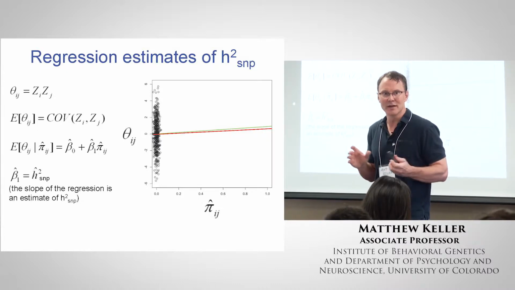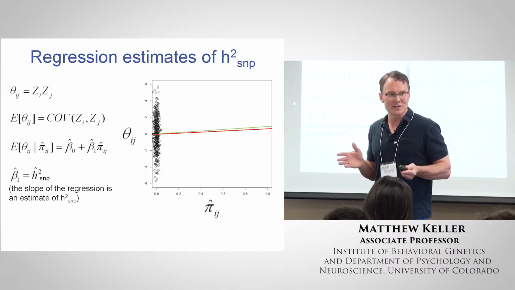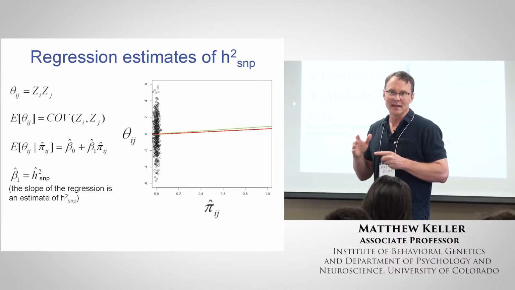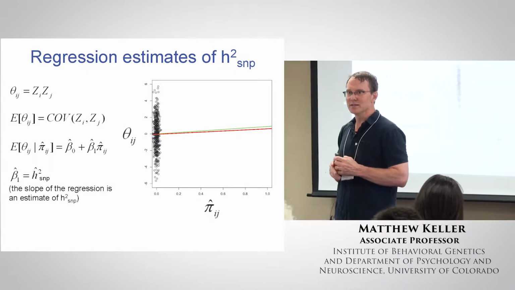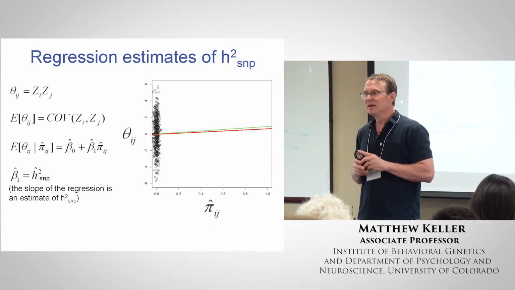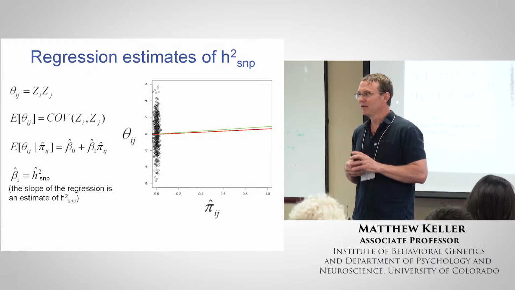MZ twins share all the non-additive genetic effects, DZ twins only about a quarter if you're talking about dominance or additive by additive epistasis, and an eighth if you're talking about additive by dominance epistasis, and so forth as the degrees of epistasis increase. So that's another motivation. We're getting more of a potentially pure measure of heritability.